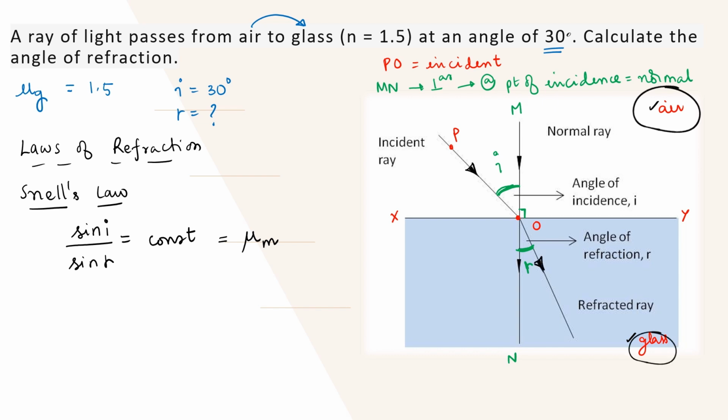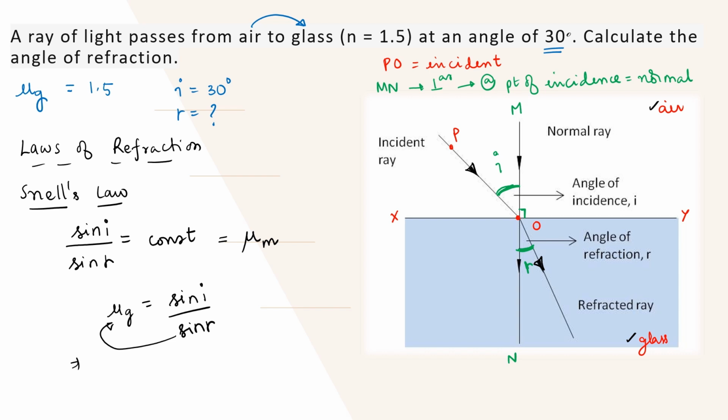So the angle of incidence is in air, the angle of refraction is in glass. So the refractive index of glass is equal to sine I by sine R. Now what are we supposed to find here? We are supposed to find R. So we know simple mathematics. Let us send sine R to the other side. What is left?